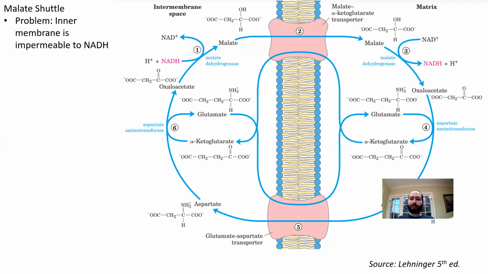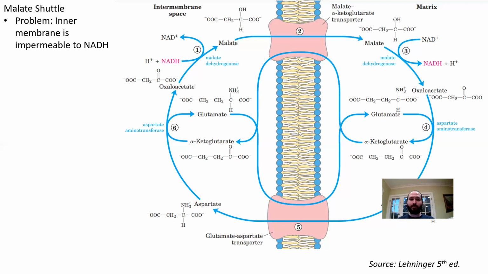So pyruvate can enter the intermembrane space, but it can't get into the matrix without doing the malate shuttle. In this case, we're talking about NADH. That's also true for pyruvate. Pyruvate also can diffuse into the intermembrane space, and it'll have its own transporter for getting into the mitochondrial matrix.